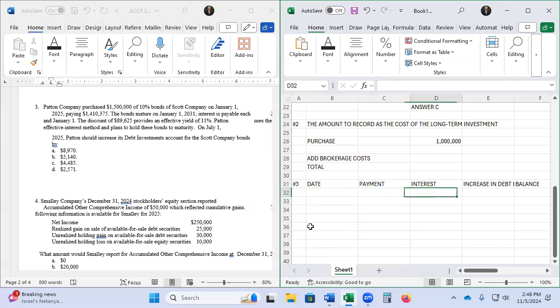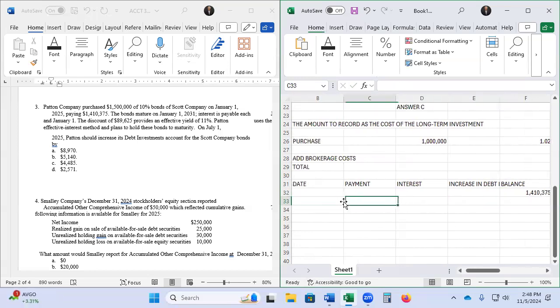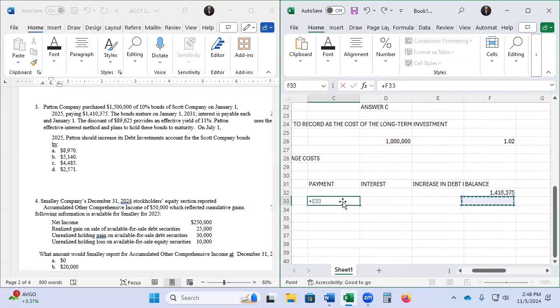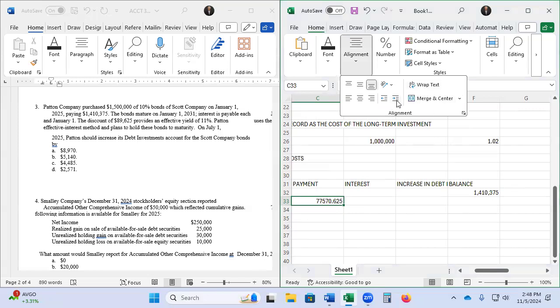So on our start date, we have a balance of 1,410,375. Our payment is going to equal that times 0.11, divided by 2. And so that should give us a payment amount of 77,570.